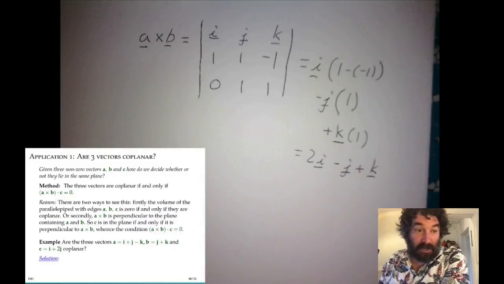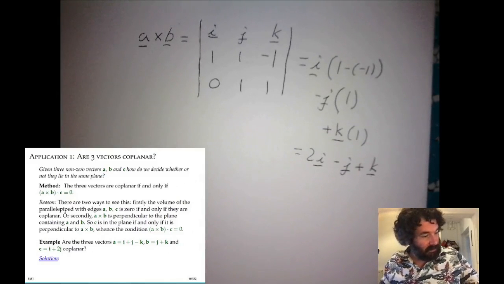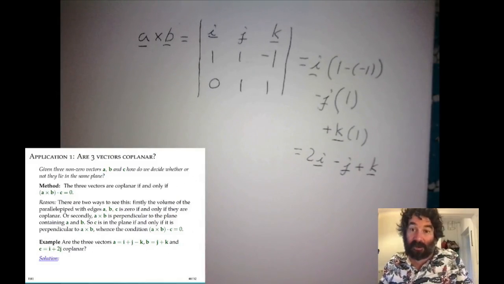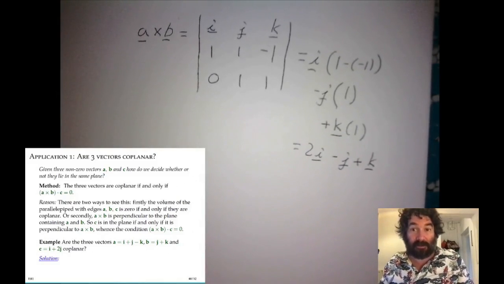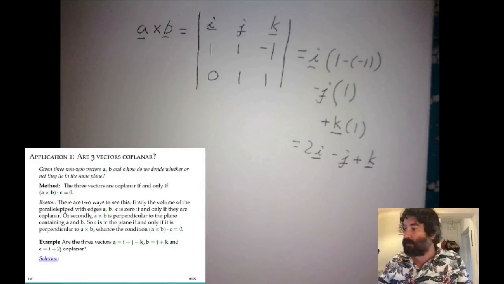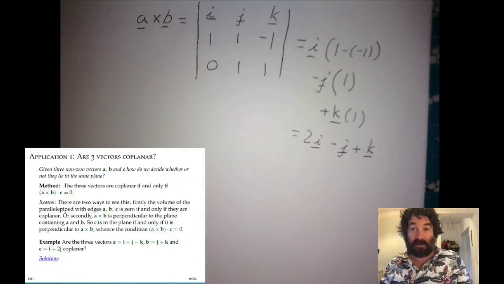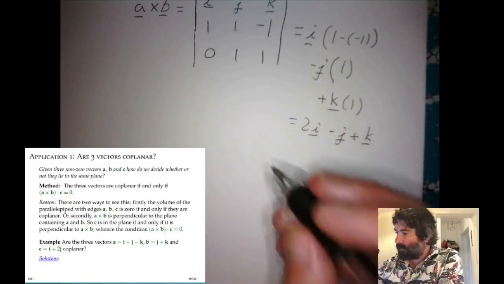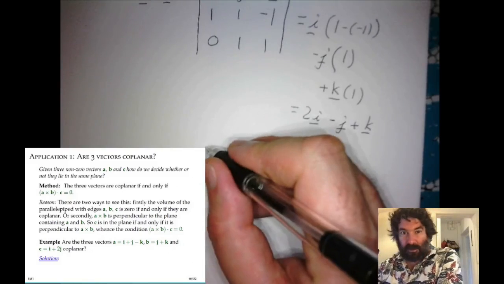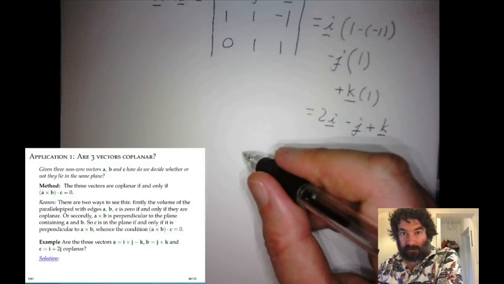All right, and let's check whether or not that vector is perpendicular to the vector C. We know this is perpendicular to A and B. If it's also perpendicular to C, then C is coplanar with A and B. So we take the dot product of C with this vector.